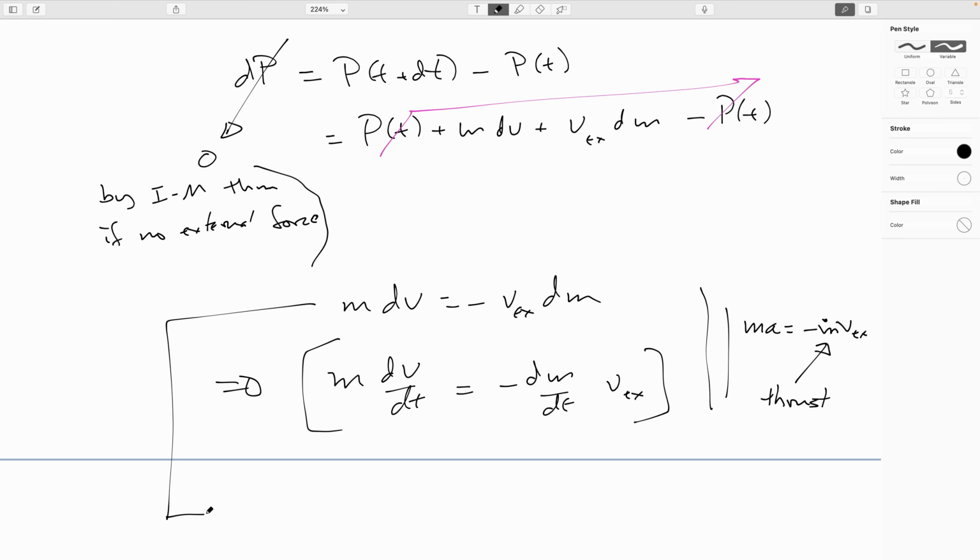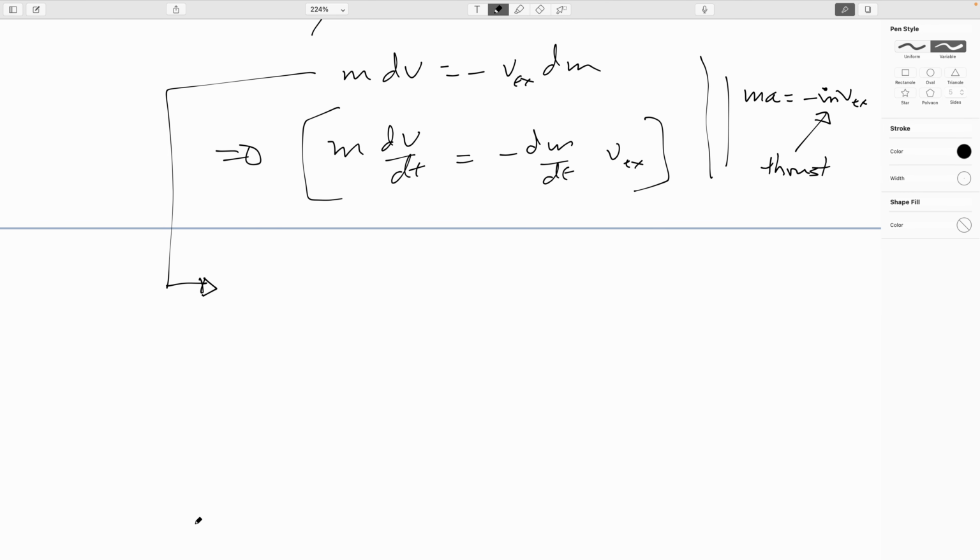So we'll take this and we'll follow it through, and we can obtain what our final velocity is going to be after we burn our fuel. So what I can do is I can say dv equals minus v exhaust times dm over m. Now, again, here I can integrate both sides.